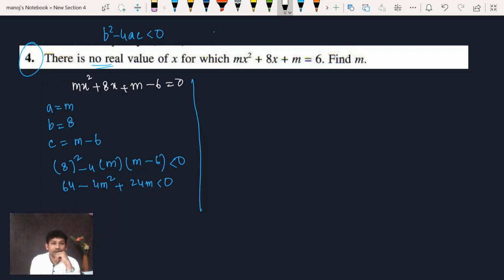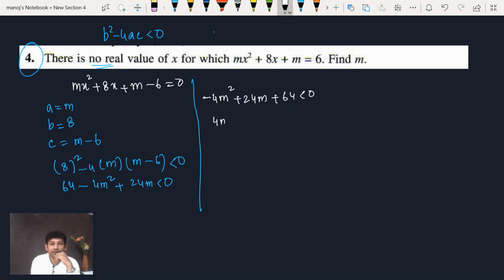So negative 4m squared plus 24m plus 64 less than 0. When you change the sign, you have to change the sign of the inequality.